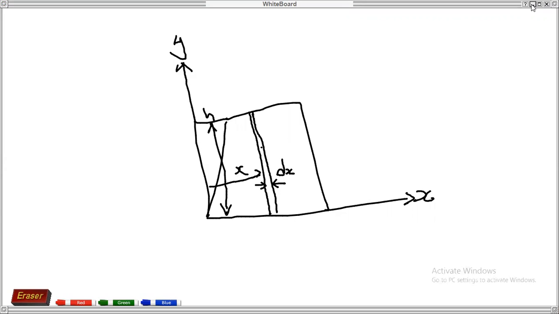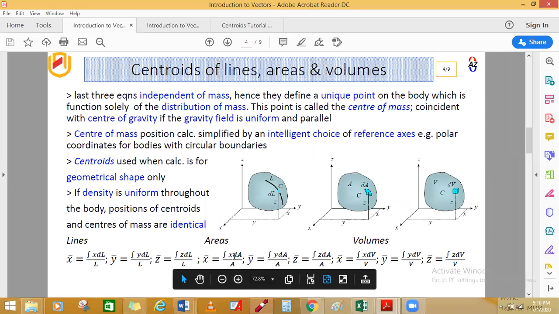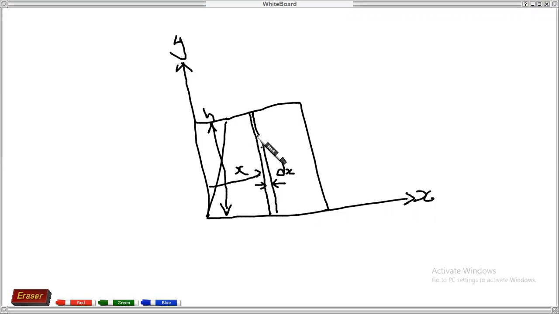So what is happening is this small portion here is the one that you see here. Let's say dl, if it's a line, you can say it's a small line. If it's an area, it's the area of this small piece. So you're gonna say dA, an area for the small piece.